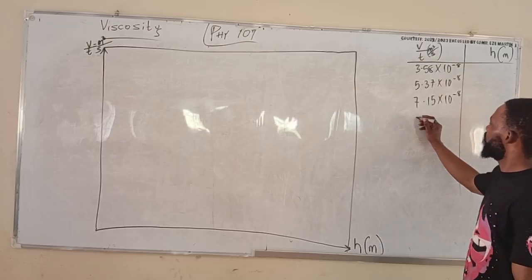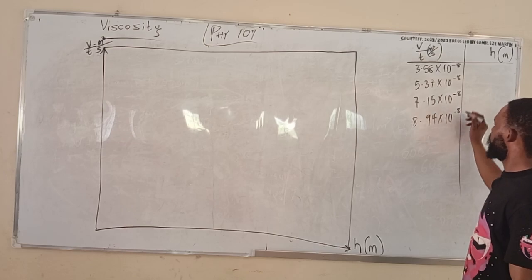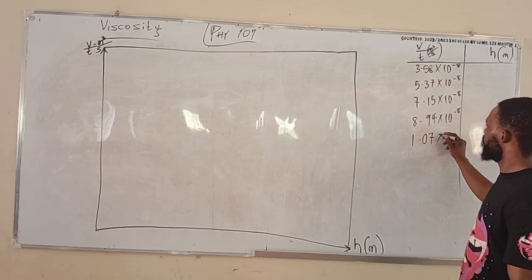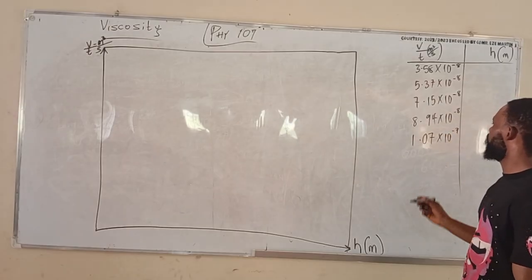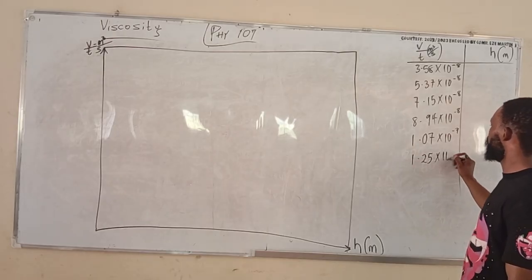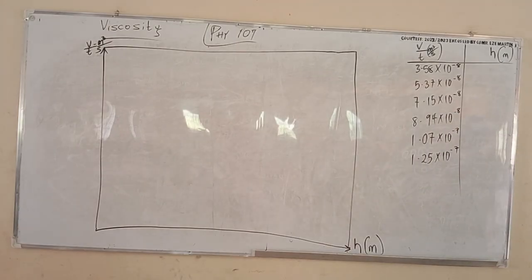Okay. 8.94 times 10 raised to power minus 8. Okay. 1.07 times 10 raised to power minus 7. Okay. 1.25 times 10 raised to power minus 7. Okay. Is that all? Yes. Please check if they are correct too.